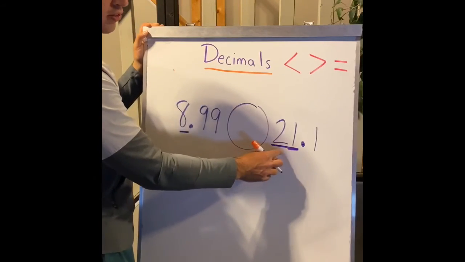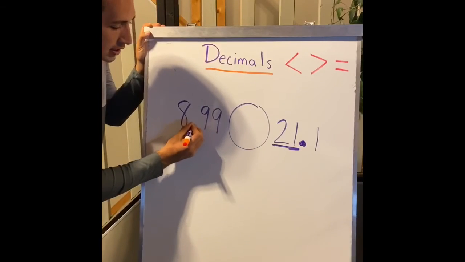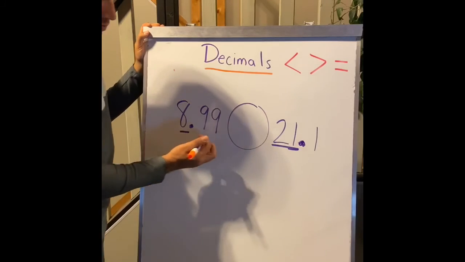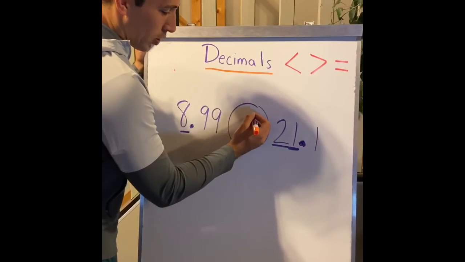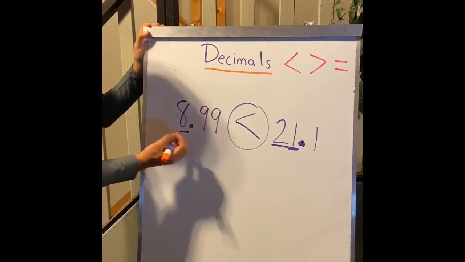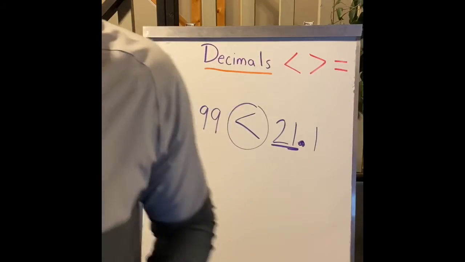We have 2 tens over here and 1 1. This decimal point will tell you the size of your number. That will leave us with 21 being greater than 8. 21 and 1/10 is greater than 8 and 99/100.